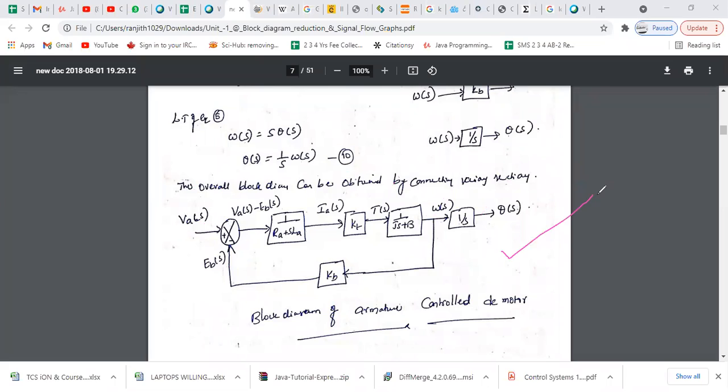How do we draw a block diagram using the algebraic equations? Is it clear?